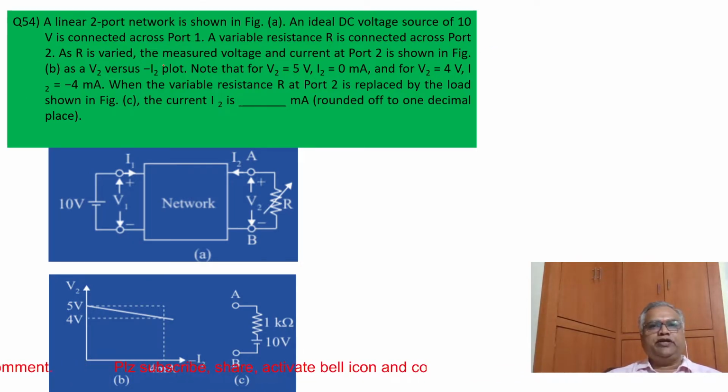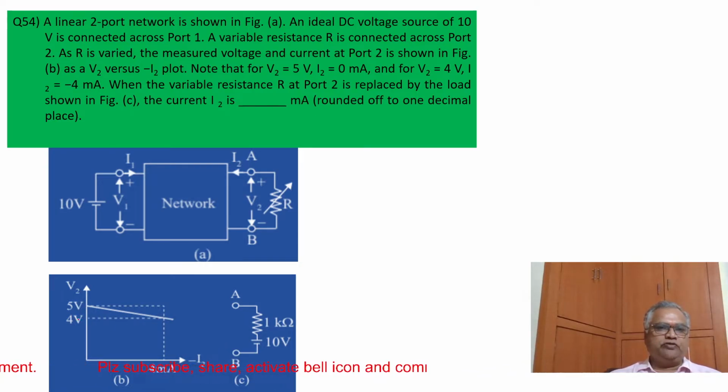As R is varied, the measured voltage and current at port 2 is shown in figure B as a V2 versus minus I2 plot. Note that V2 is 5 volts, I2 is 0, meaning open circuit voltage. And V2 is 4 volts, I is minus 4 milliamps.